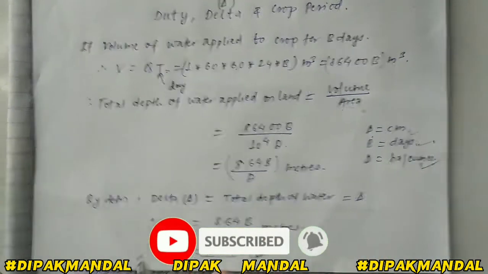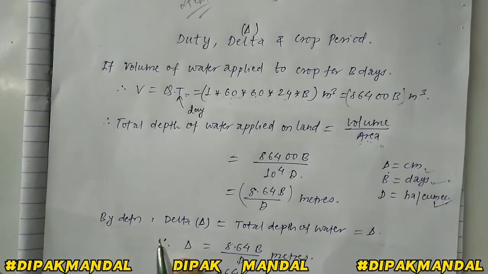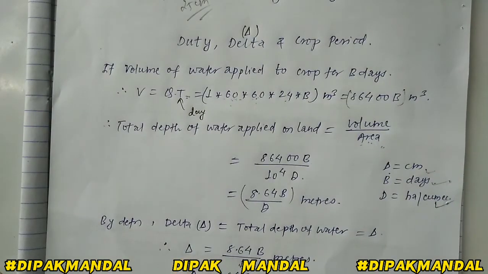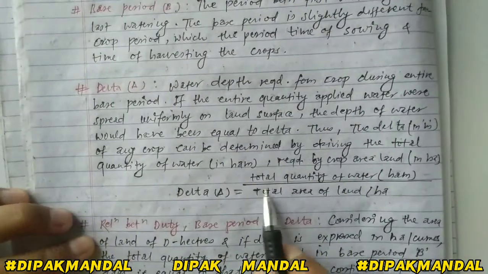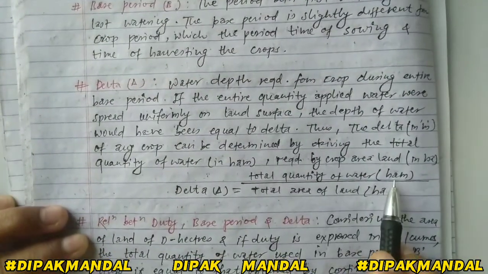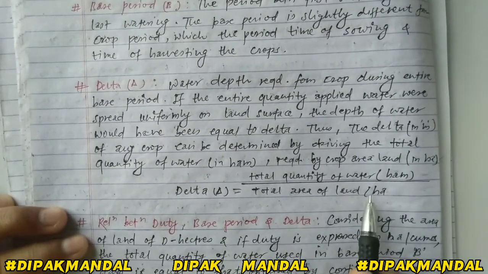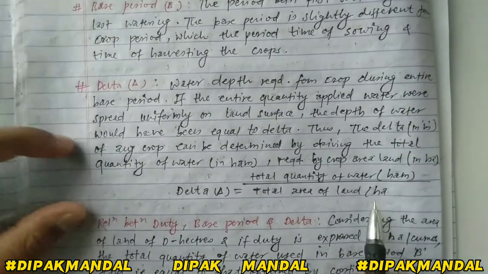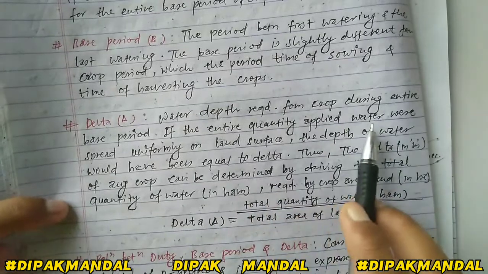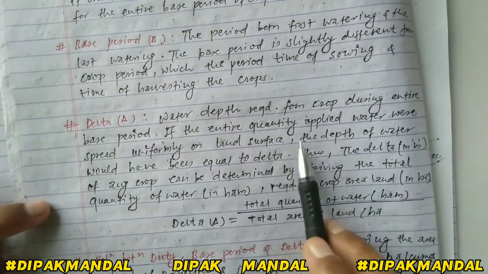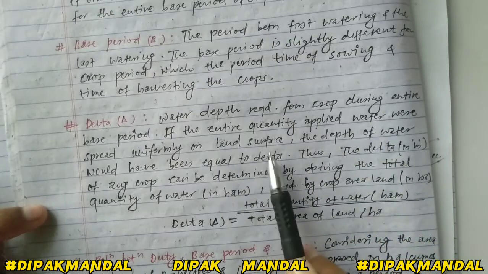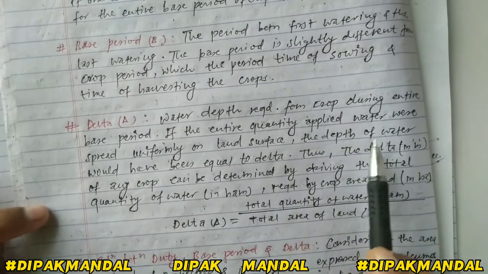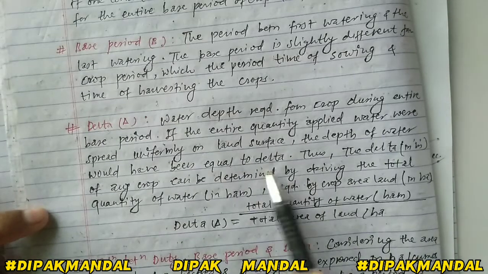And by the definition of delta, I will show you what the definition of delta is. You can see here, delta is simply the ratio of the total quantity of water, that is in hectare meter, to the total area of land, and it is the water depth required for the crop during the entire base period. If the entire quantity of applied water is spread uniformly on the land surface, the depth of water would be equal to delta.